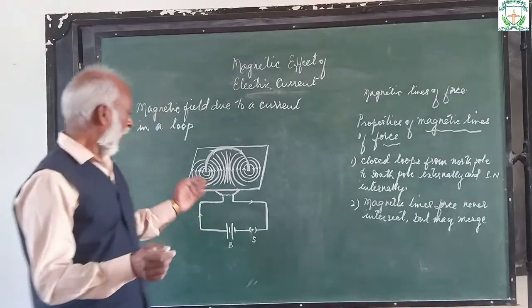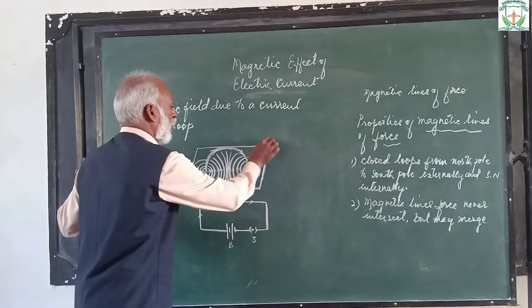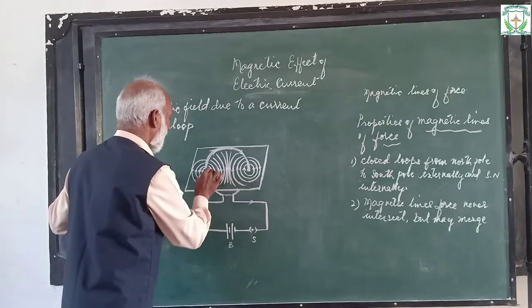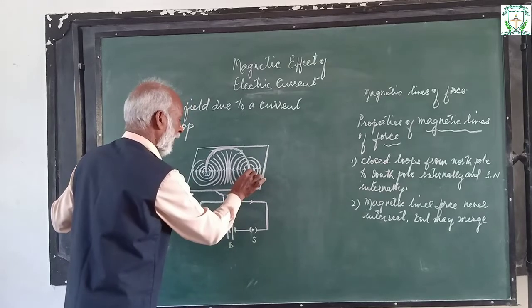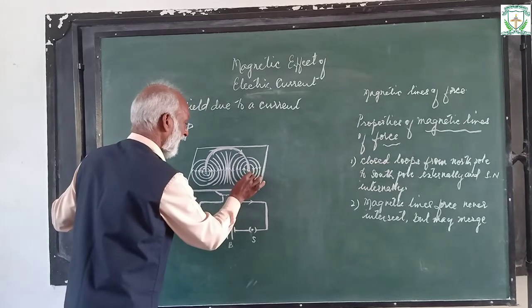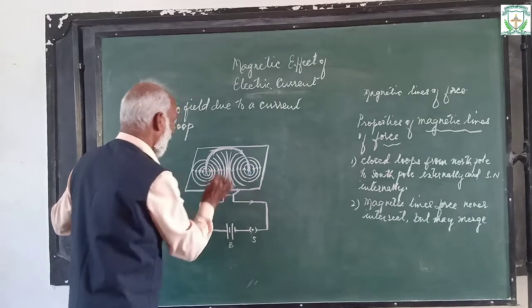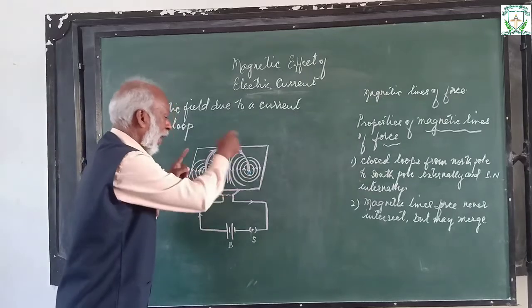Children, I've drawn a simple diagram. This is a piece of cardboard wherein two holes A and B are made, and a loop of copper wire is made to pass through.